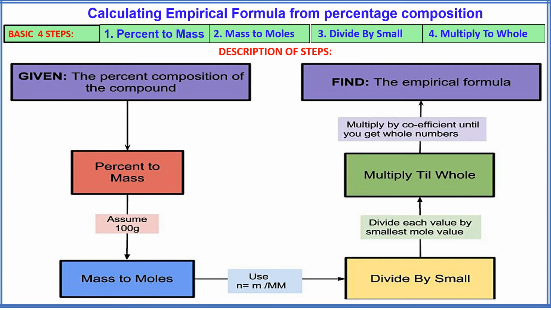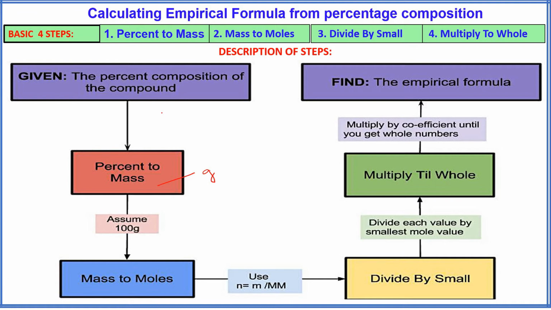Now how do you calculate the empirical formula? By using percentage composition. In the last video, we took percentage composition, and you have done the assignment also. First of all, convert the percentage into mass, in terms of grams.